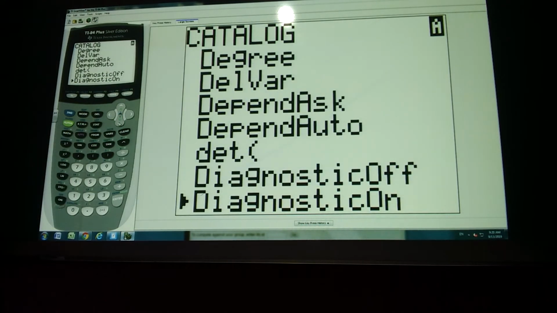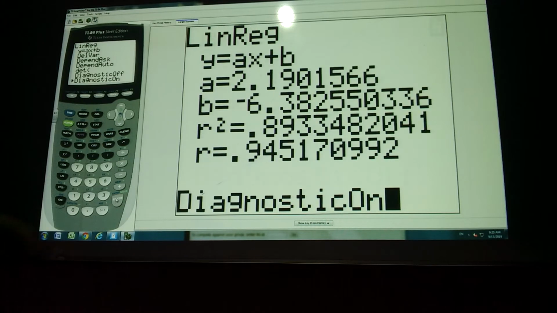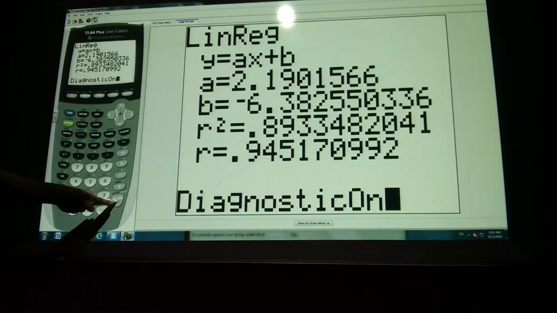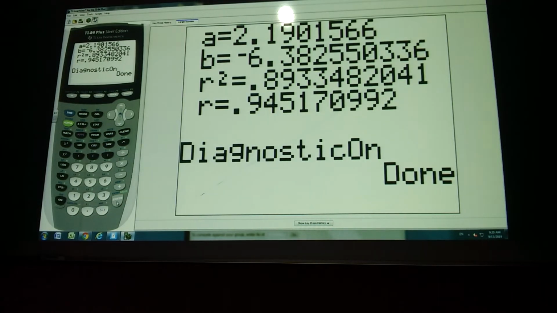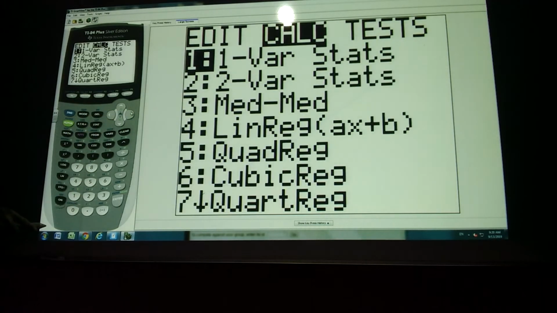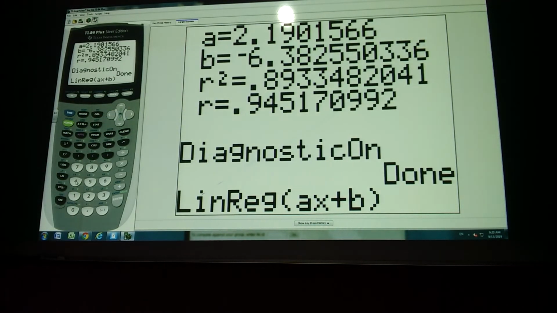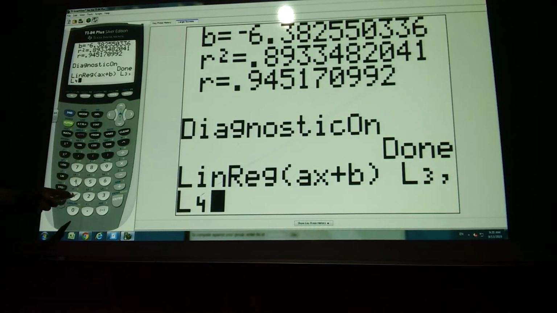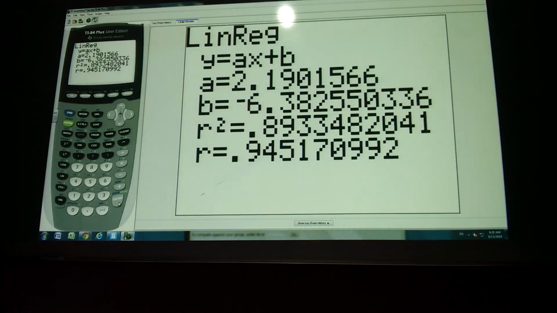Okay, diagnostic on, hit enter, hit it one more time, should say done. Now if you do the same thing again, stat, calc, number 4, lin reg, and you do whatever list you have them in, probably list 1, list 2, then hopefully you have exactly what I have.